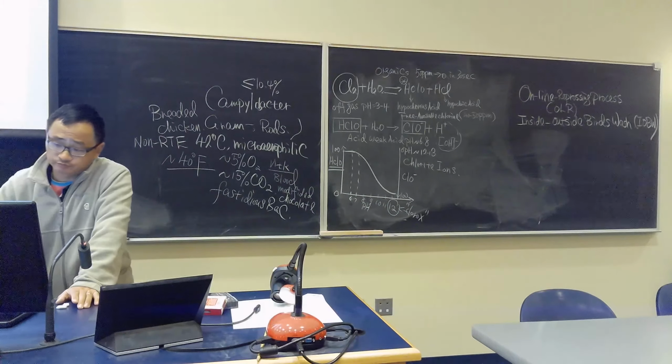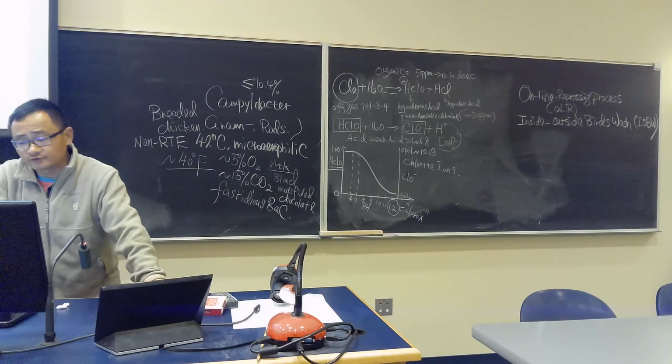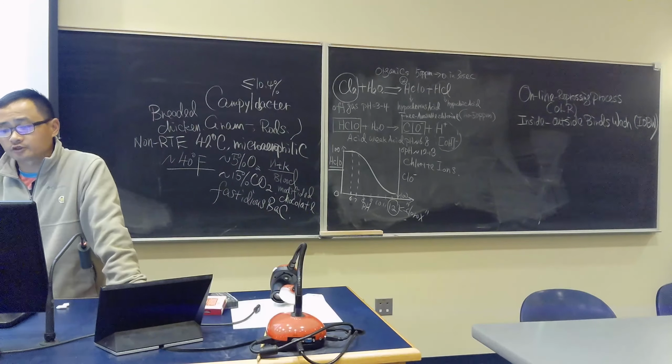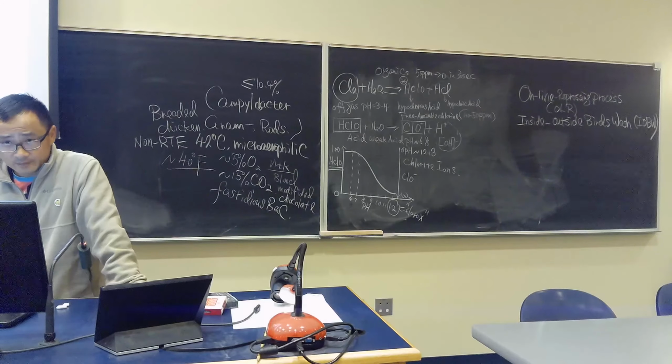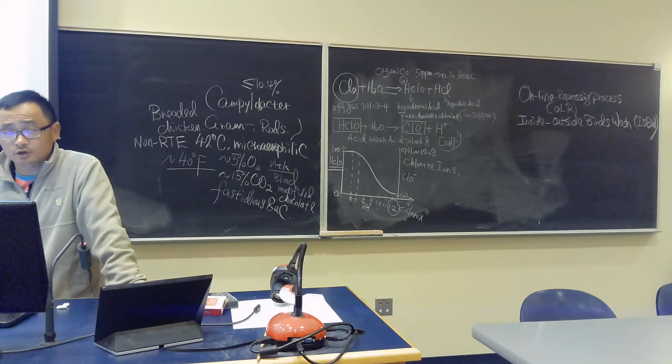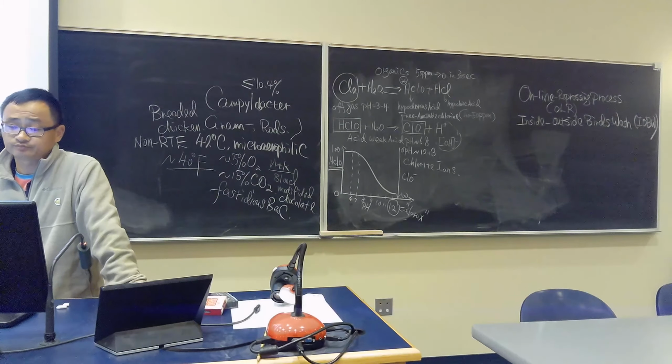A couple of years ago, a survey was done for online reprocessing of inside-outside bird wash for the chemical intervention survey. Originally, about 20 years ago, chlorine was number 1. But 10 years ago, the survey tells us peracetic acid is number 1, followed by chlorine, followed by weak acid, and ASC, acidified sodium chloride, CPC, EO, and bromine.